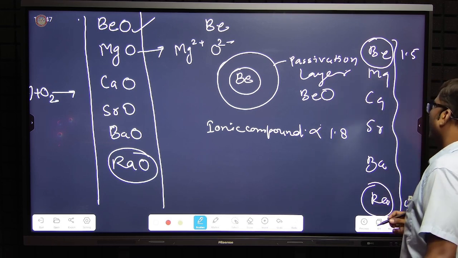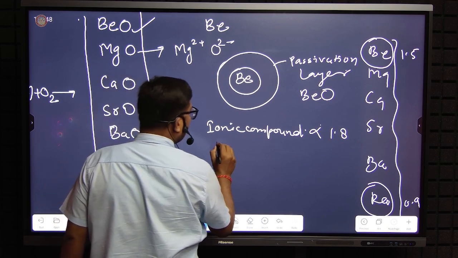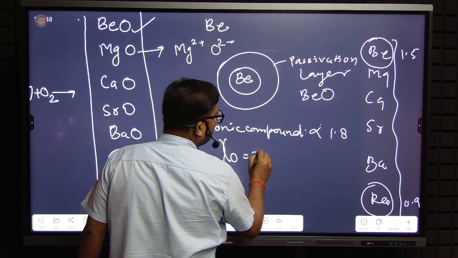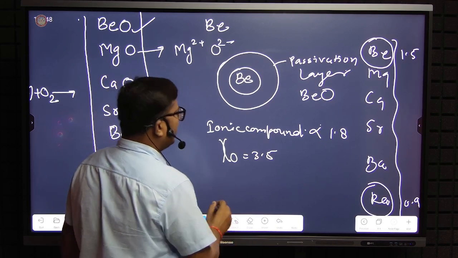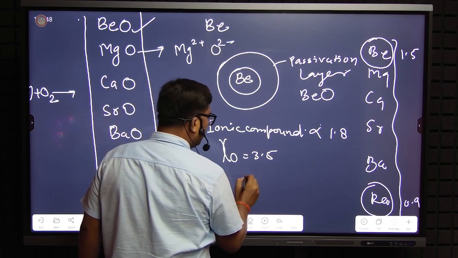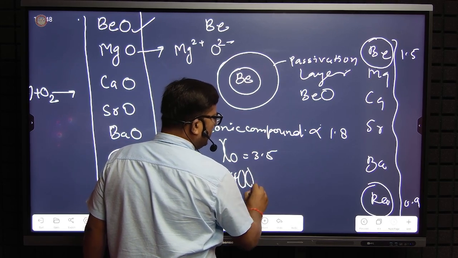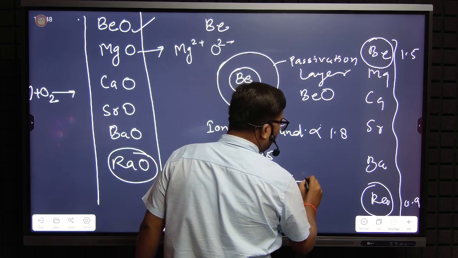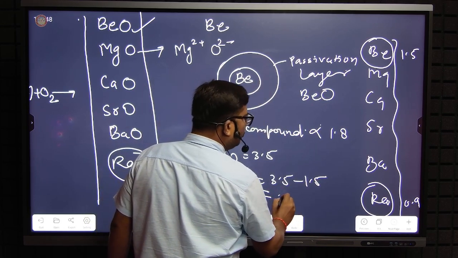1.5, and the electronegativity of oxygen, so Xi of oxygen, that is 3.5. So what is the difference? Xi 3.5 minus 1.5, so that is actually 2.